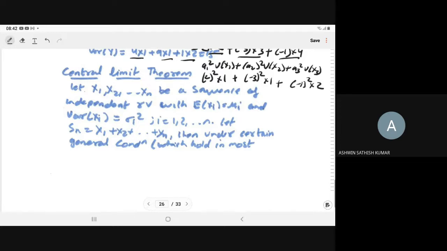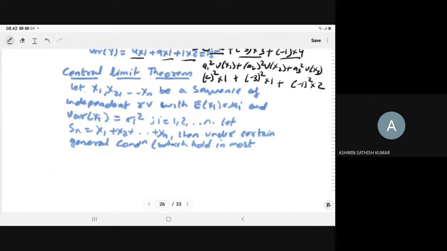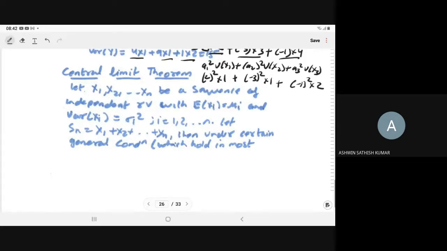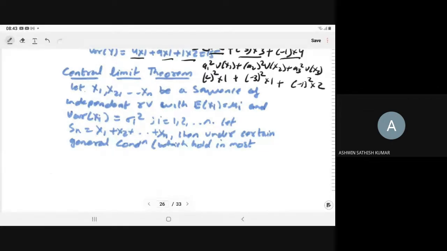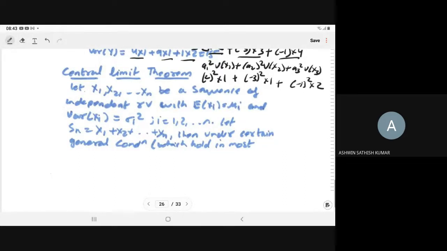With the help of the central limit theorem, you can determine the required probability for any distribution through one table, that is the standard normal table. That's why in all statistics or operations research books, you will find at least one table, that is for the standard normal variate. So what is the central limit theorem?